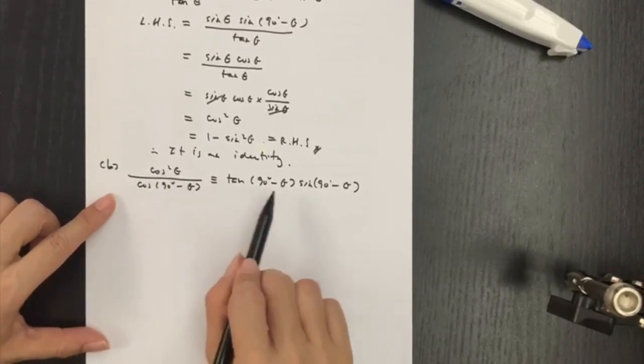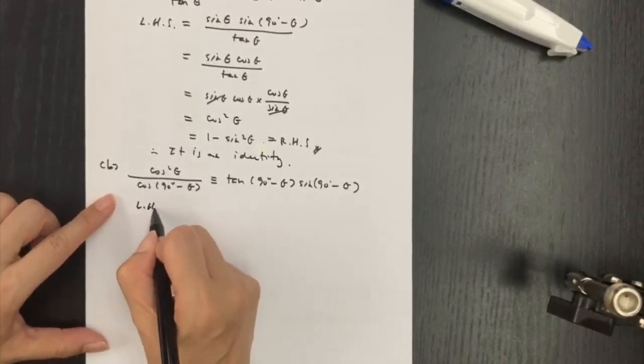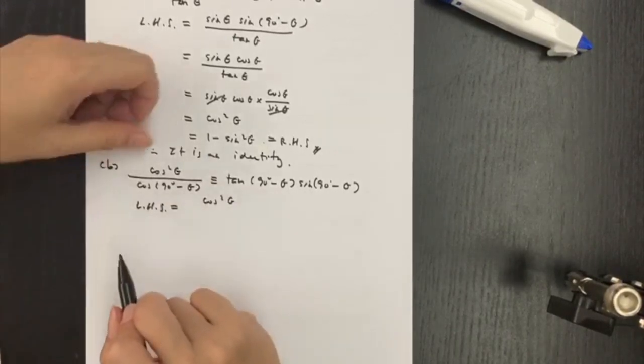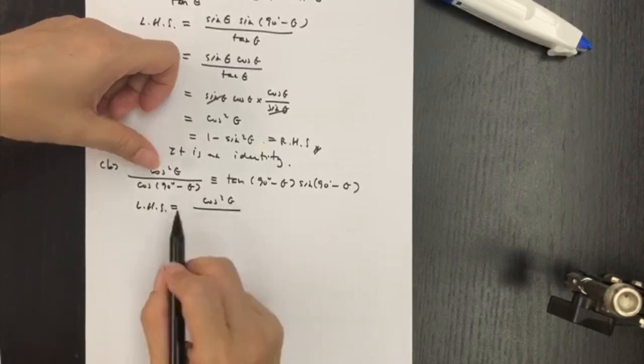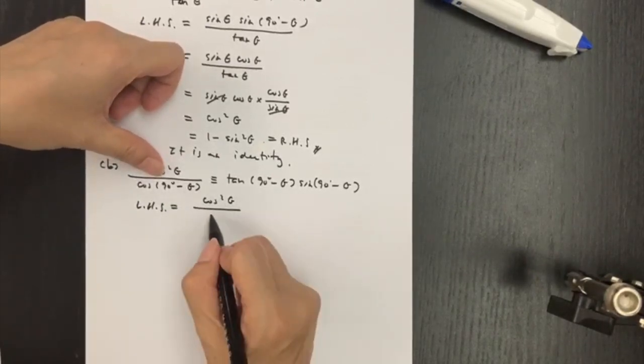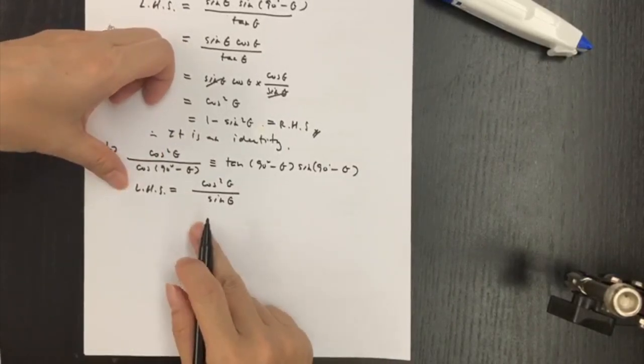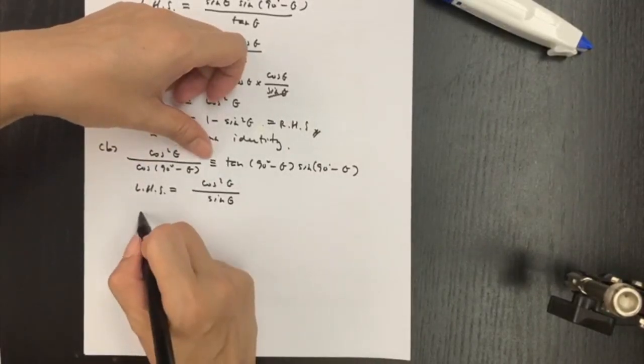So to prove this identity, okay, what is the left hand side? So I will have the left hand side on top, cosine square theta, and then what is cosine 90 minus theta, which is same as sine theta. All right, I stop here for left hand side, and then I go to the right hand side.